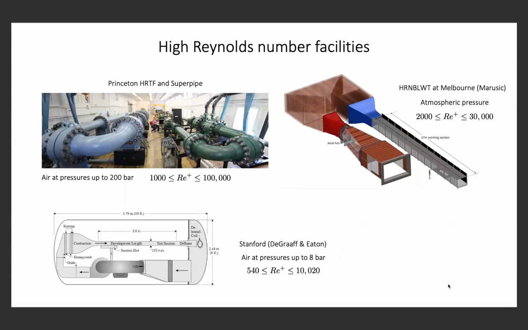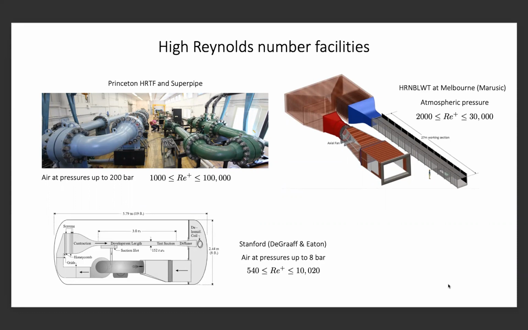That's mainly a boundary layer facility. And on the right, we see the Superpipe, the green one, where we have taken mean and turbulence measurements. The Reynolds numbers we can get are from 1,000 to 100,000 for turbulence measurements. For mean flow, we can go up to 500,000. So we have a huge Reynolds number range to explore pipe flow.